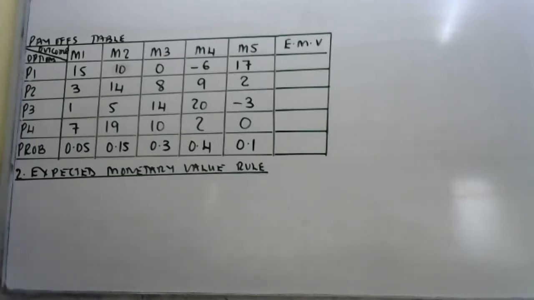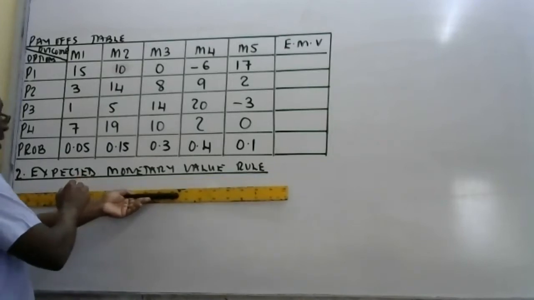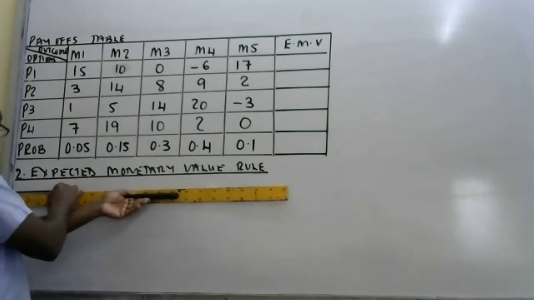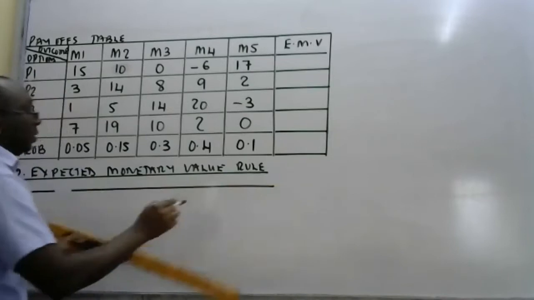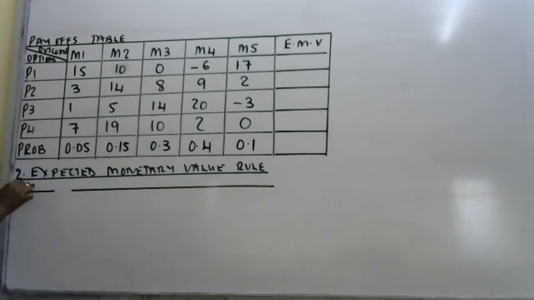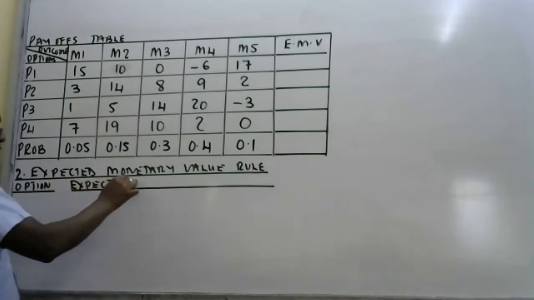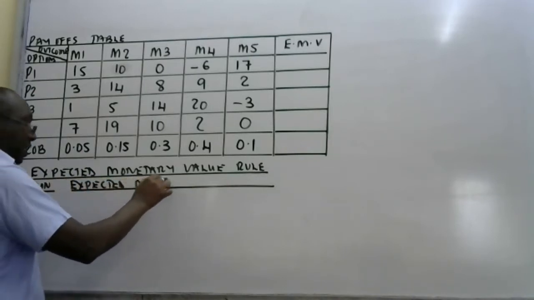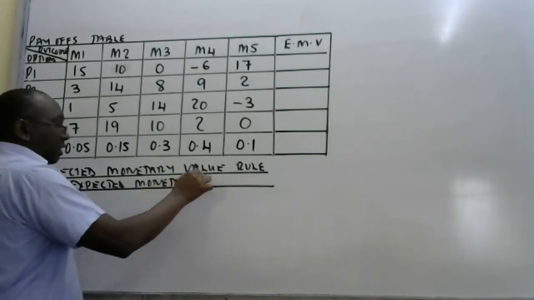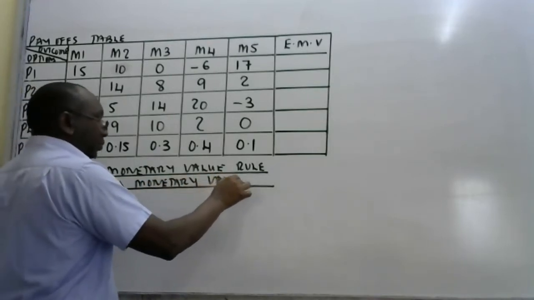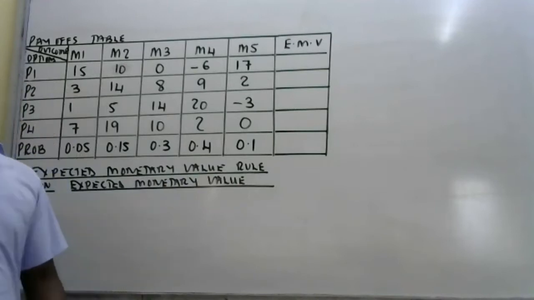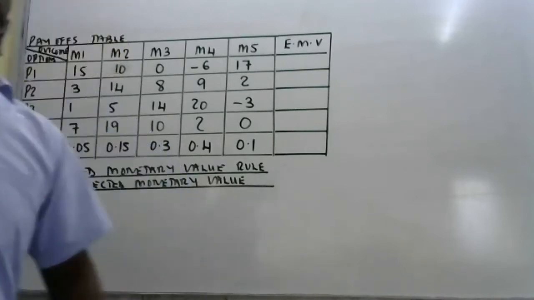So the expected monetary value rule, we normally arrange it like this. We have the option here. Then now we compute the expected monetary value.